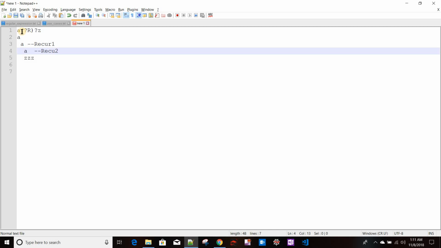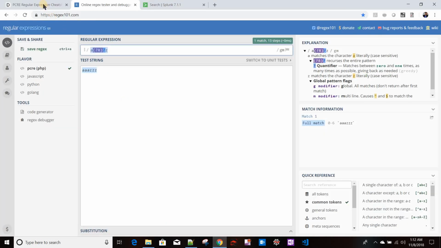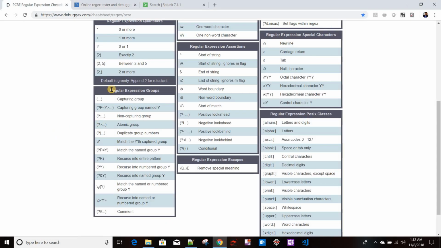Recursion 2, after matching this A, also has this one, right? That means it is again trying to execute this whole regular expression. The first thing is A, but in this string there is no A, so this recursion is failing. But if you see here, I have given a question mark. Let us go back to our cheat sheet. Question mark means 0 or 1.